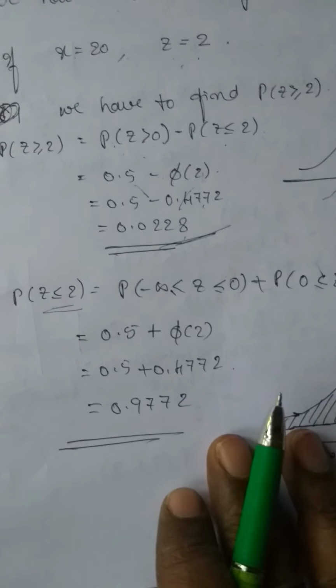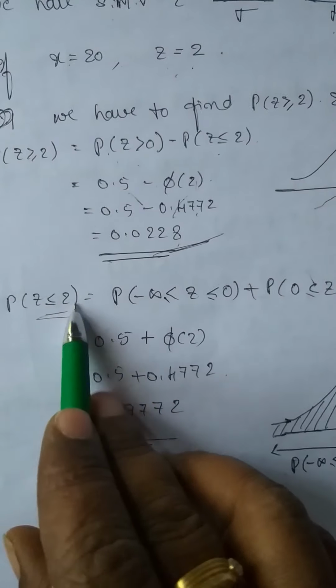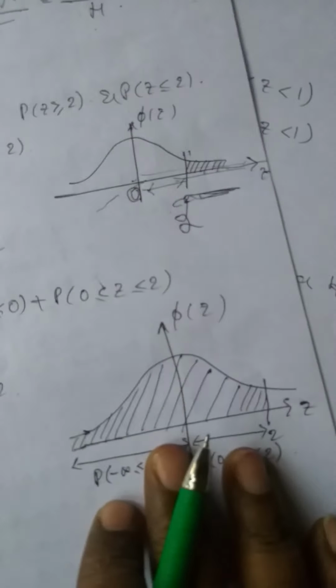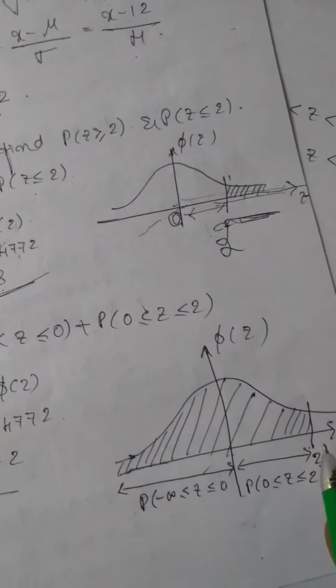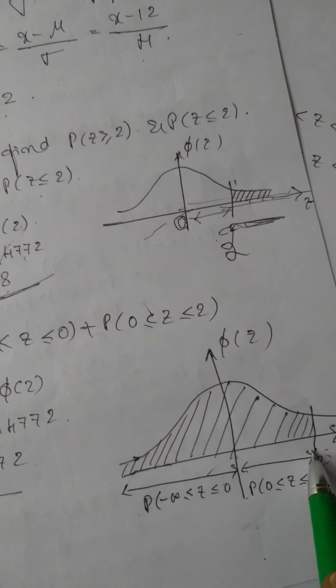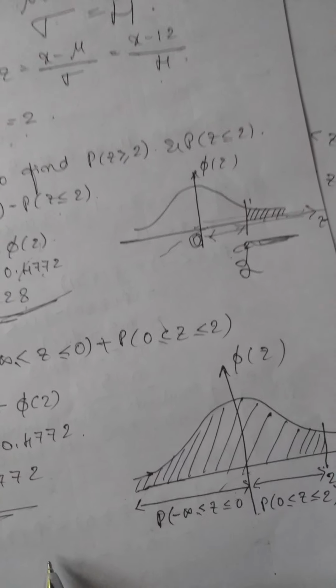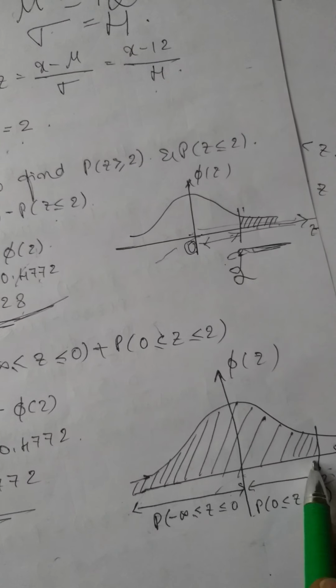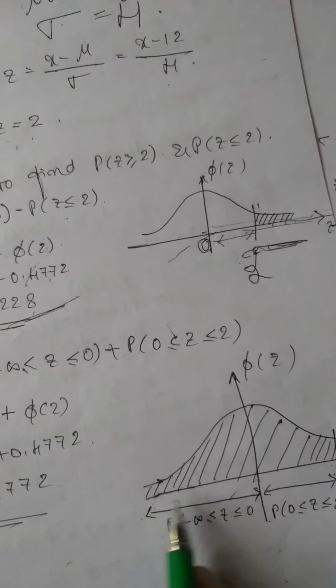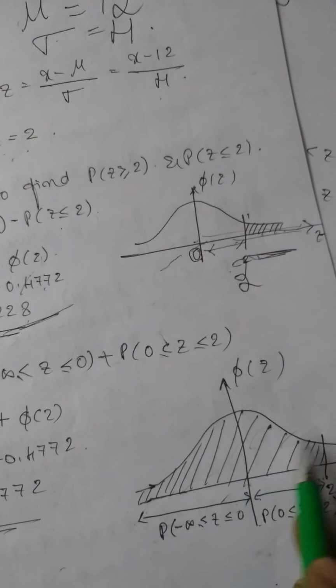So what exactly do we have to calculate? Less than or equal to 2. It is not restricted from 2 to 0. It is just less than or equal to 2, which means from 2 up to minus infinity. Correct? So that's what I have shaded, all the region over here.